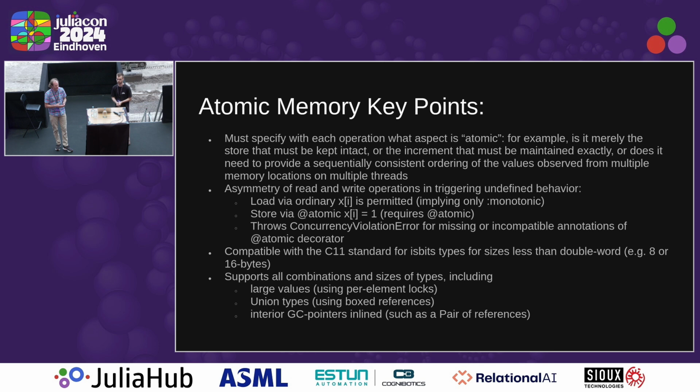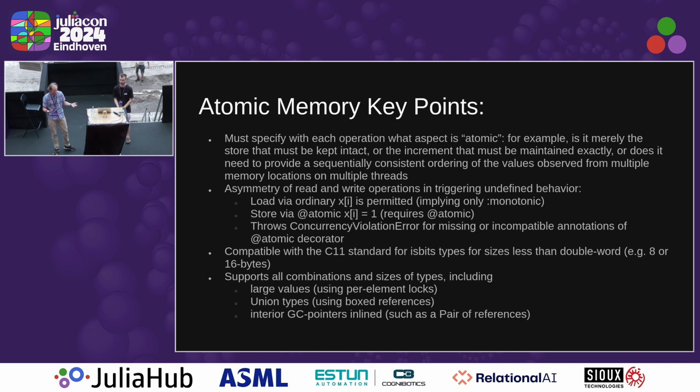And if the @atomic macro was missing, or if you tried to use @atomic with an array that wasn't atomic, then you'd get a concurrency violation error at runtime that points you to that part of the code to say this part isn't using atomics where you probably meant to use it. And so that gives you a hint that you need to go look at your code there and see what I was trying to express, what the algorithm requires of me at that point.